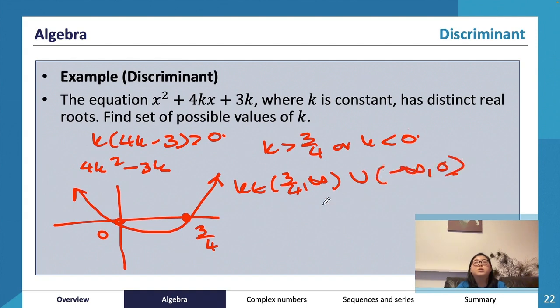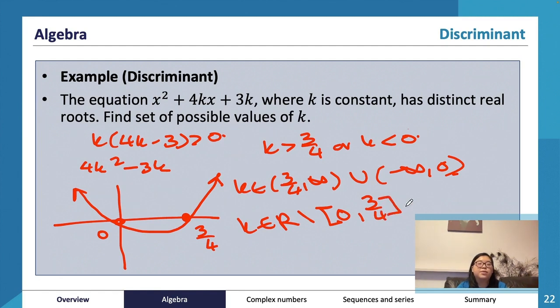Remember, all not including, because we can't include 0 here. And then we can also write it as k is R except 0 to 3 on 4, excluding those values from our equation.